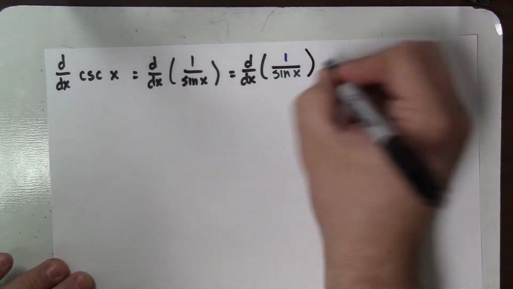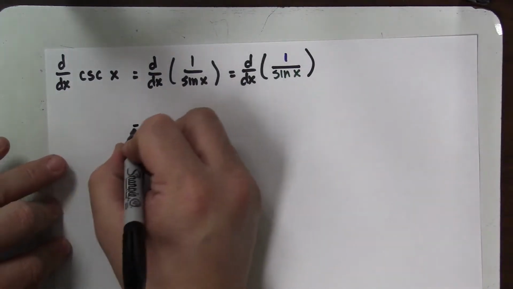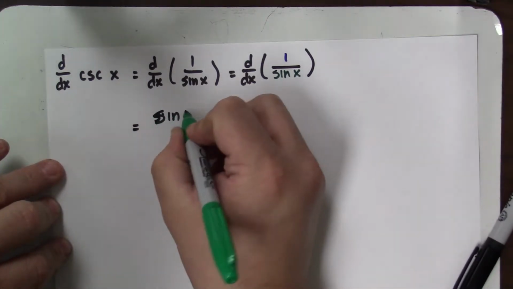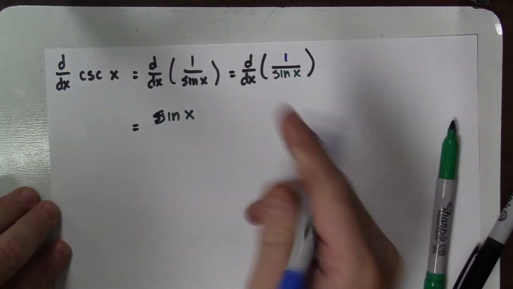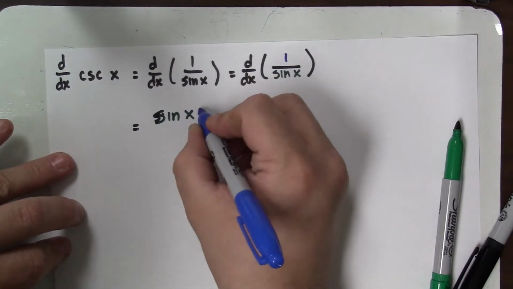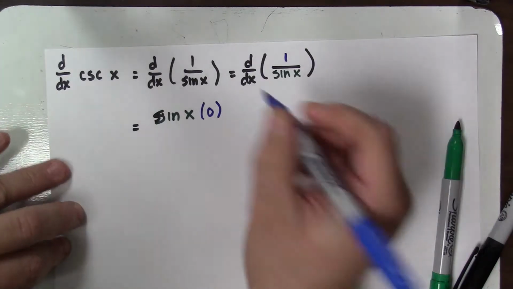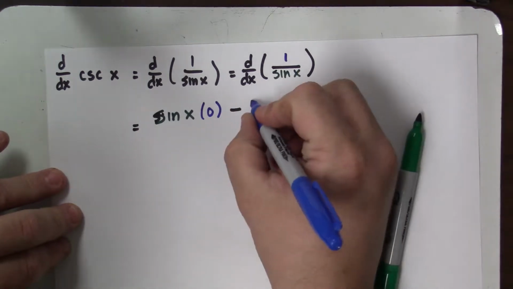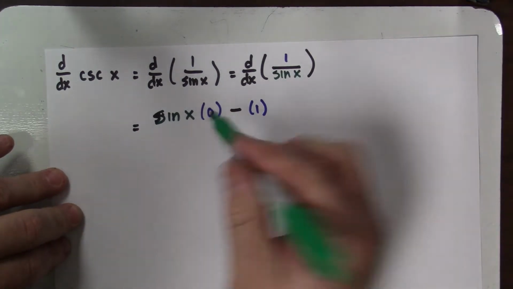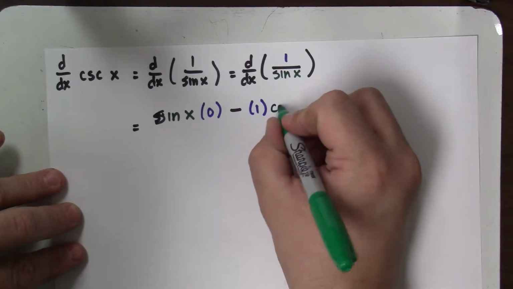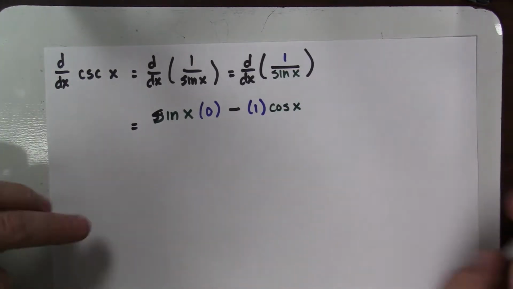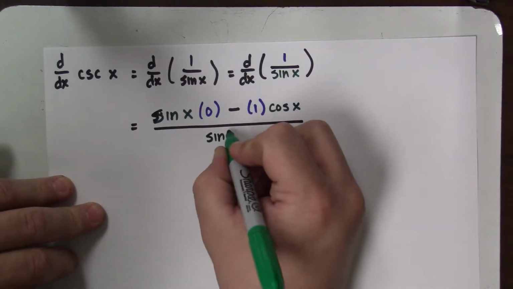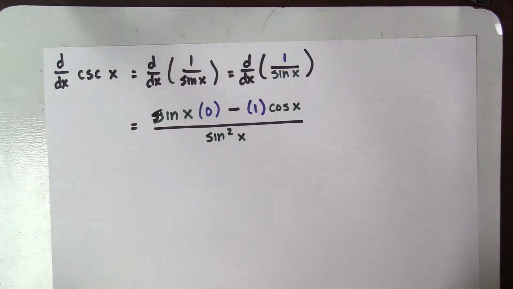And 1 on top. Now, low d high, so that's sine x times the derivative of 1, which is 0, minus high, so that's 1, times the derivative of sine, which is cosine x, over sine squared x.